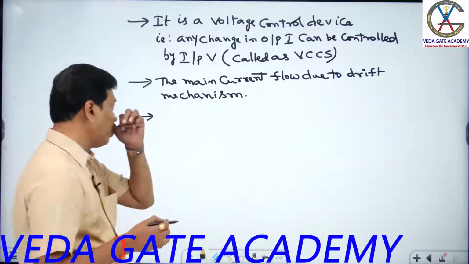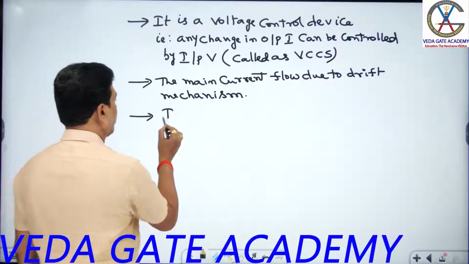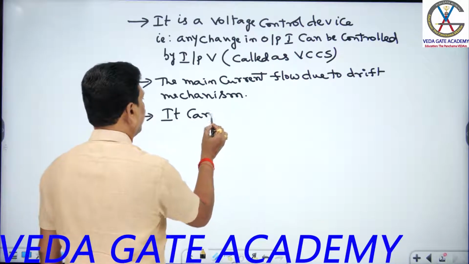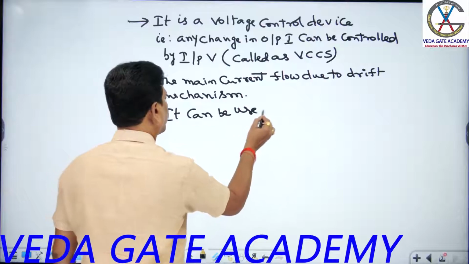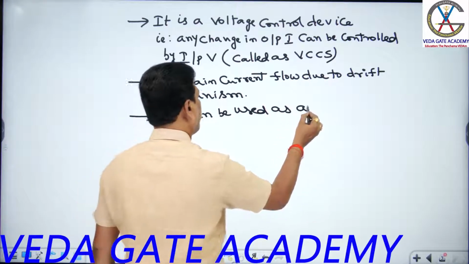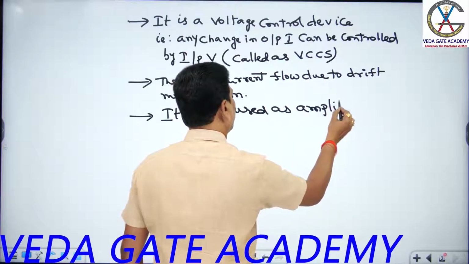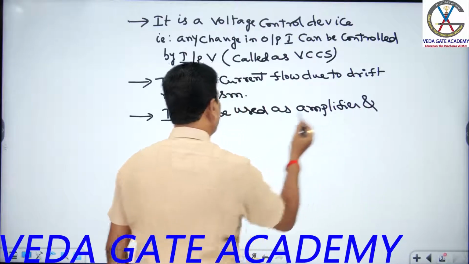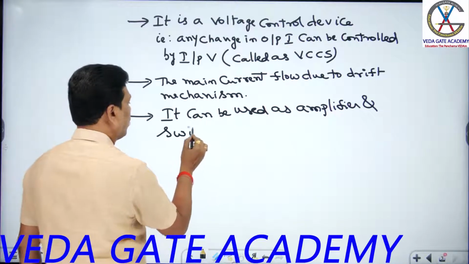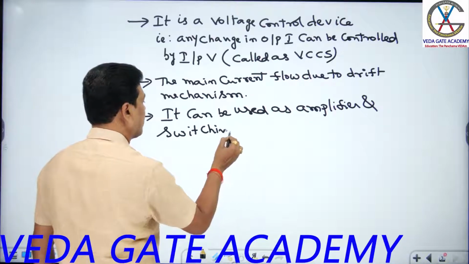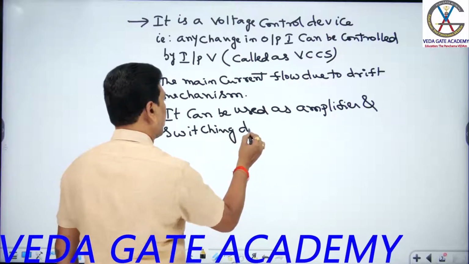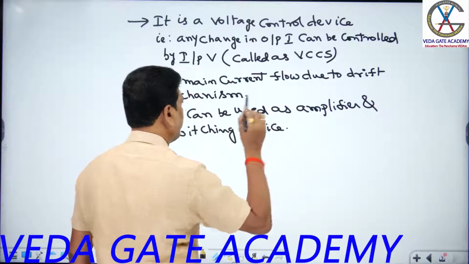And it can be used as an amplifier and a switching device, as I told you. Like a BJT, it can be used as an amplifier and switching device. And I told that as compared to BJT, the switching response is fast. And it is a good amplifier as compared to BJT.